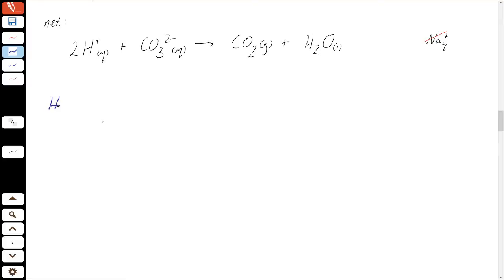So draw the products. I'm not going to give you the words this time. I'm just going to give you the reactants. So draw balanced equations for these reactions. And we can just do the molecular equation for now.